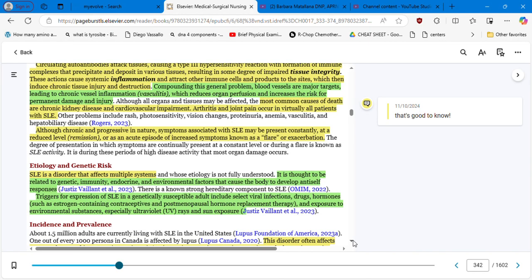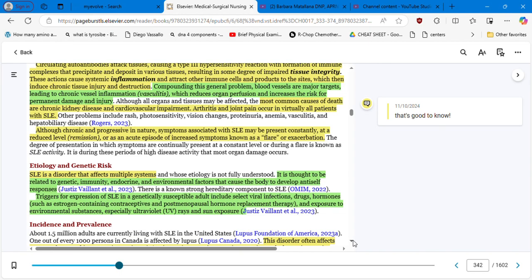So the etiology: SLE is a disorder that affects multiple systems. It is thought to be related to genetic, immunity, endocrine, and environmental factors that cause the body to develop anti-self responses. So it's a mixture. It could be a mixture of genetic, immunity, endocrine, and environmental factors all together that can cause this response.